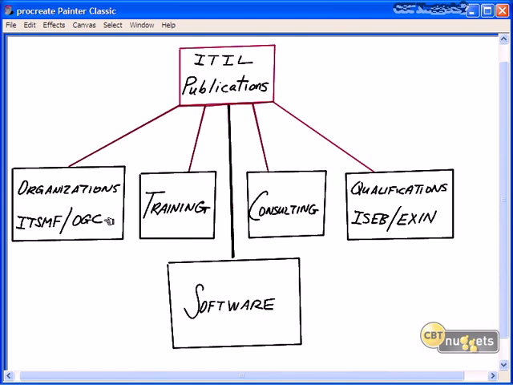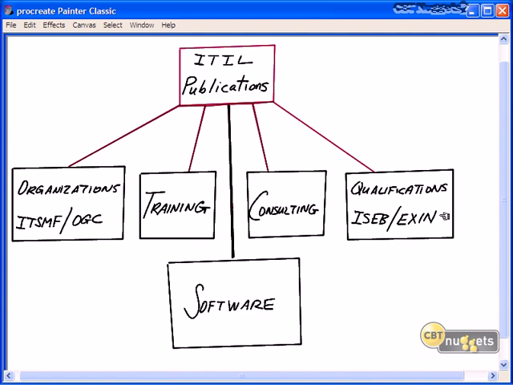Then, of course, you have training organizations that train on ITIL service management and individual consultants, those who have obtained the foundation certification, the practitioner and management certification, and go out there on their own and consult for organizations and businesses. And then the different arms of qualification. We talked about these in the first nugget, the ISEB and the EXIN, the ones that deliver the testing services to qualify individuals to get those certifications.